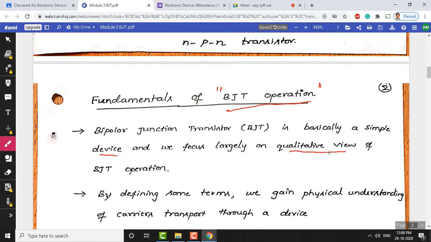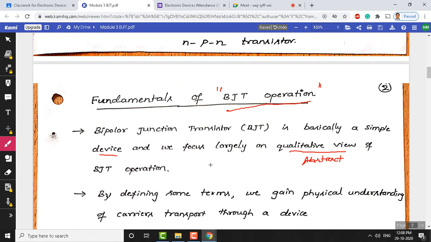Already I mentioned, qualitative view means it is an abstract view. We are not going to discuss any statistics here. We mainly focus on empirical relationships between the currents and charge transport mechanism. That kind of discussion is called a qualitative discussion. We mainly look at the bipolar junction transistor from a qualitative perspective, not from a quantitative perspective.